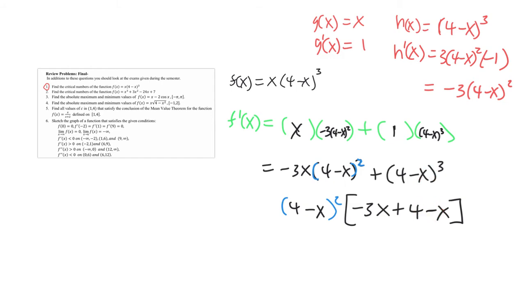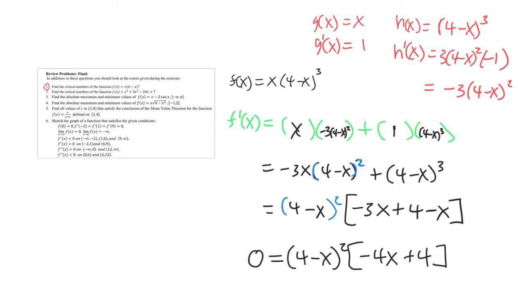Now that, of course, could be simplified further. So that's going to turn into (4 minus x) squared. I'll rewrite that part. And it's going to be the negative 3x combines with that negative x, and that's going to become negative 4x plus 4. And that is such that we want to set it equal to 0.